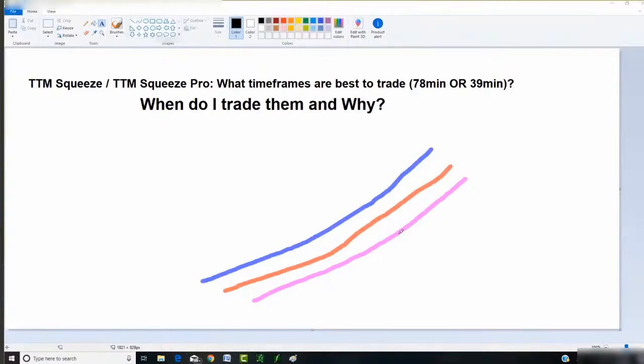What I mean is, when the 8 is above the 34, I'm only trading bullishly. I don't care what's going on, the 5-minute, the 10-minute, the 15-minute. That's not my thing. I look at that 8 and that 34. When that 8 is above the 34 on the daily chart, bullish. End of story.